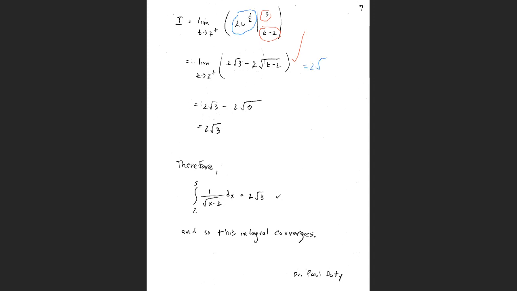I'd have 2 times root 3 minus 2 times the square root of 2 minus 2. Because now I do what Jonathan wanted to do. Now I'm going to put in the 2. And so I get 2 root 3 minus 2 times root 0. I get 2 root 3. And that makes perfect sense.